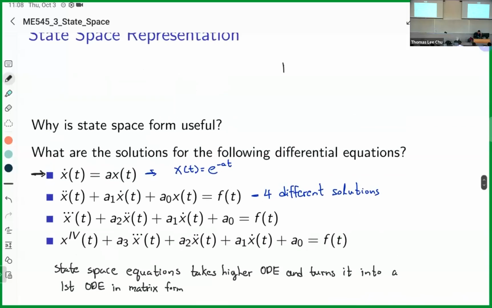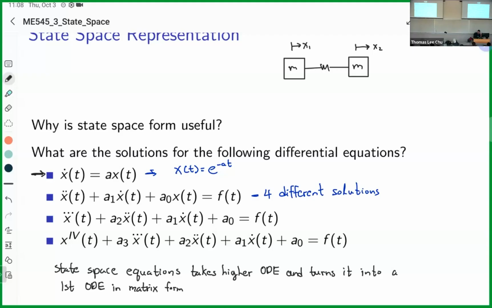The other day, someone mentioned having a mass with another mass. When we just have one mass, it's 1 degree of freedom. Now that we have two masses, we have 2 degrees of freedom. Let's call this mass 1, x1, and this mass 2, x2. Now we actually have x1 double dot and x2 double dot.